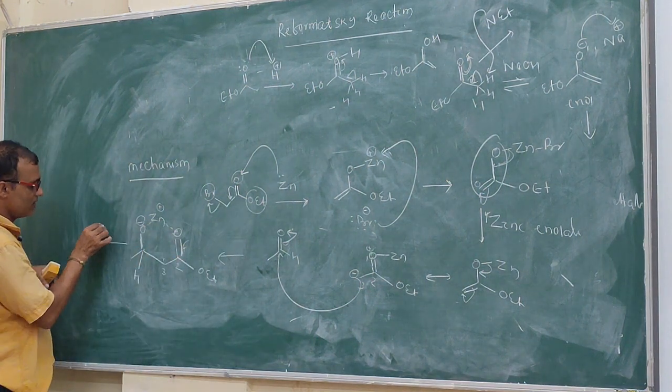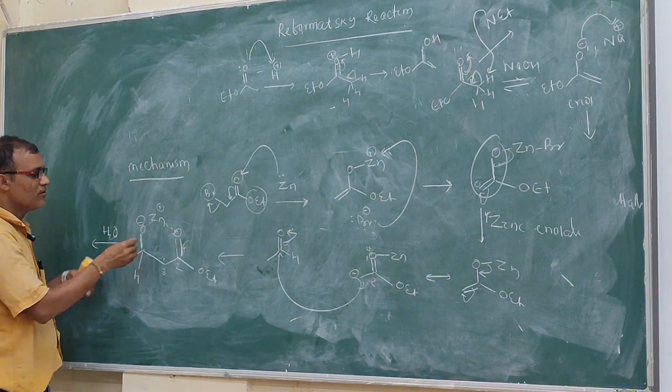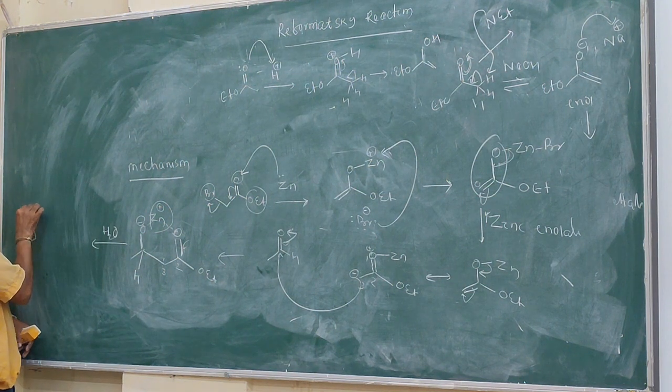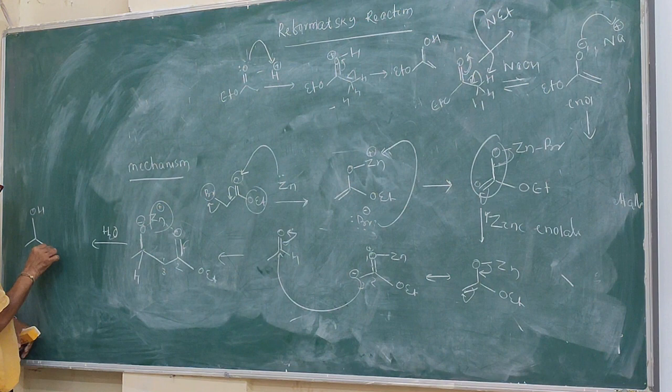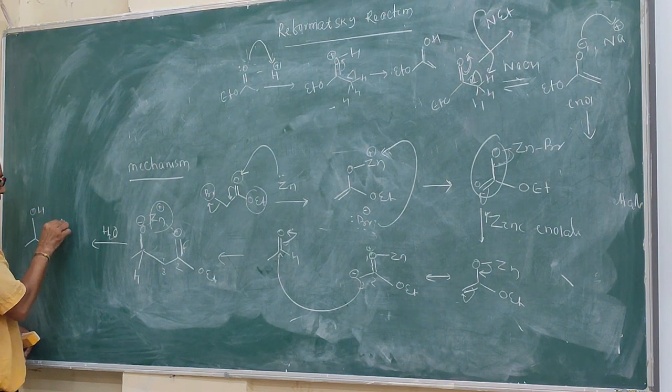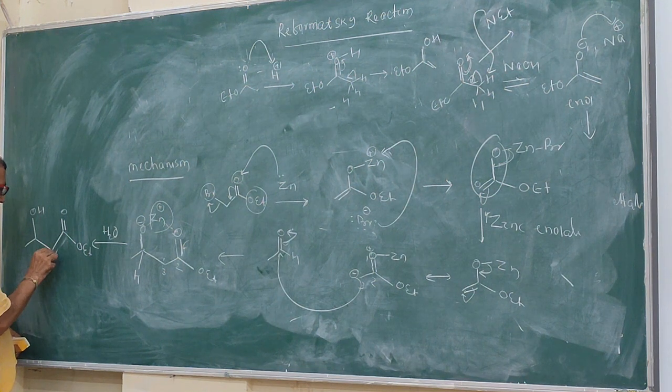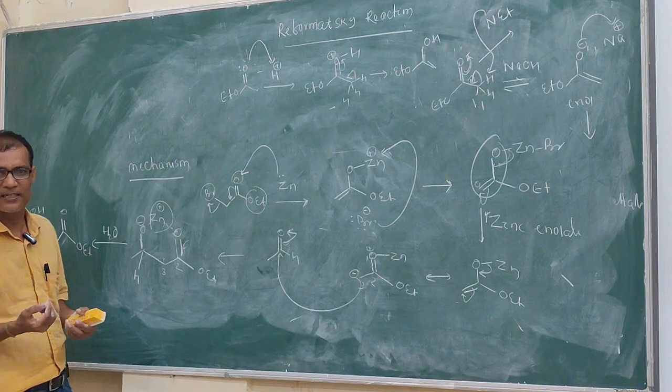So now do hydrolysis. If you do hydrolysis, this zinc will go out as zinc hydroxide. So what will you get? This will be OH, this. So now this is alpha, this is beta. So beta hydroxy ester.